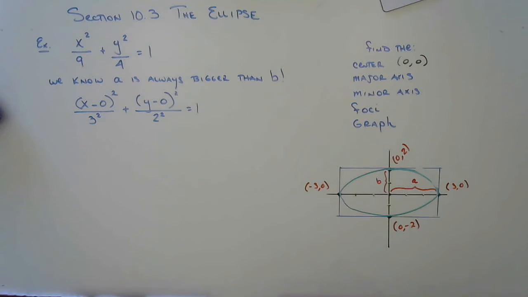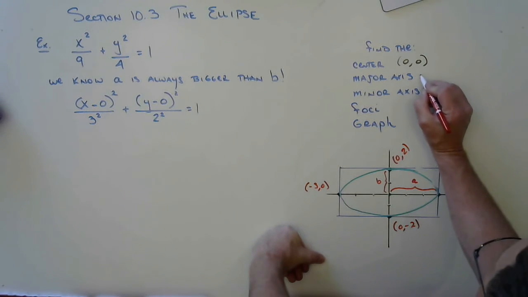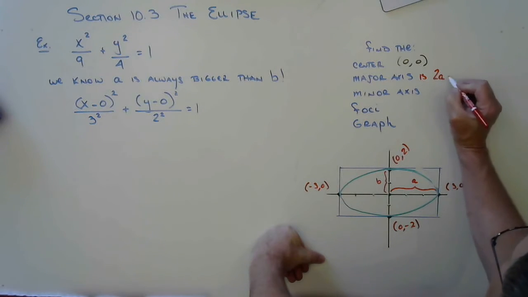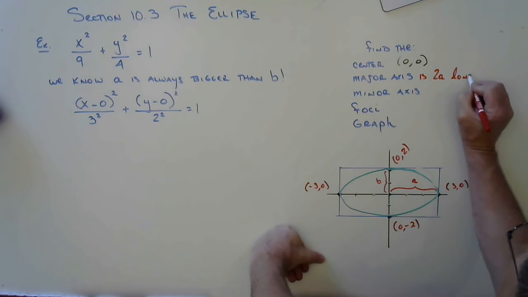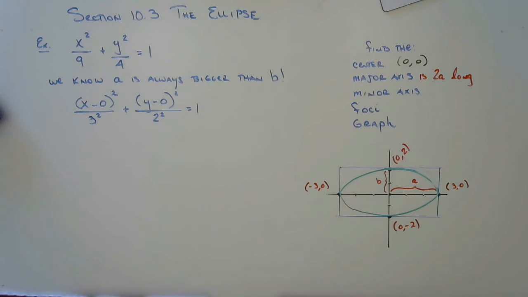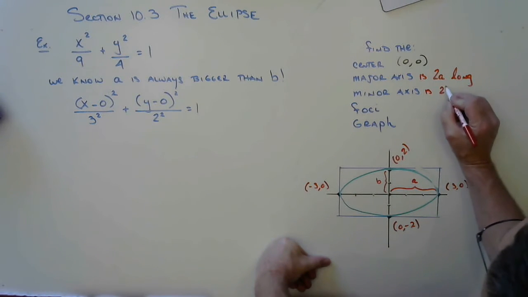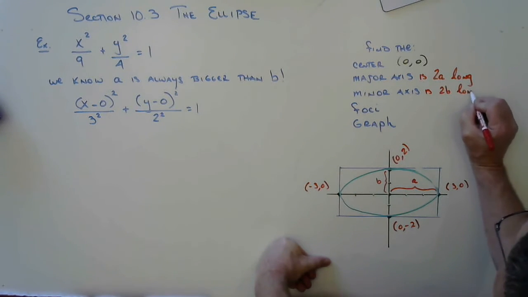We can look at our picture. The major axis is 2A long. It's A over here and A over there. How long is the minor axis? Well, look at our picture. The minor axis is 2B long.